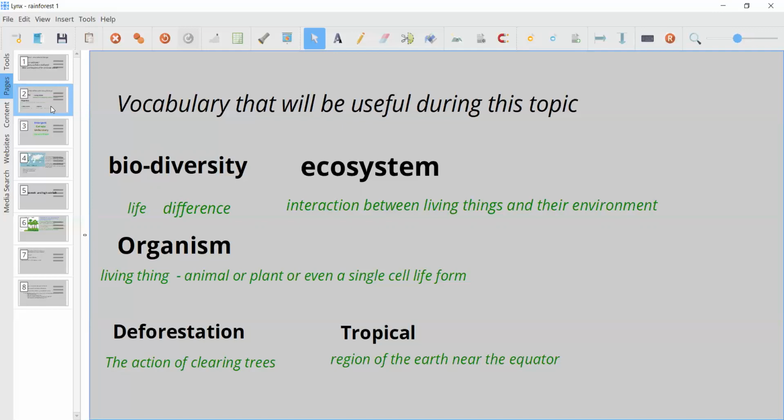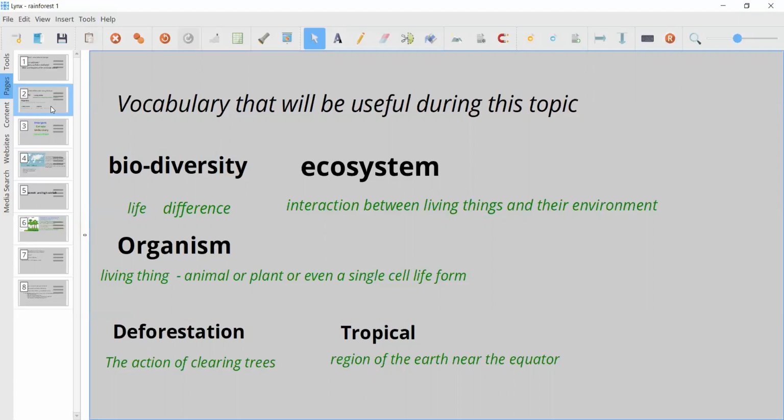Ecosystem, which is what the rainforest is a good example of, which is a habitat where lots of living things interact and rely on each other to survive. And then deforestation, which is a bad thing, which we'll learn about during the course of the topic, because deforestation is the clearing of a large area of trees, which is, as you know from looking at the news, a threat to rainforests and that whole ecosystem.